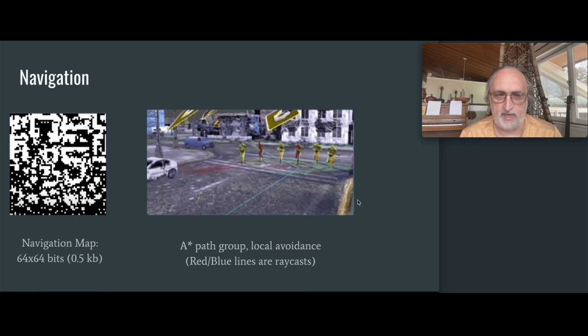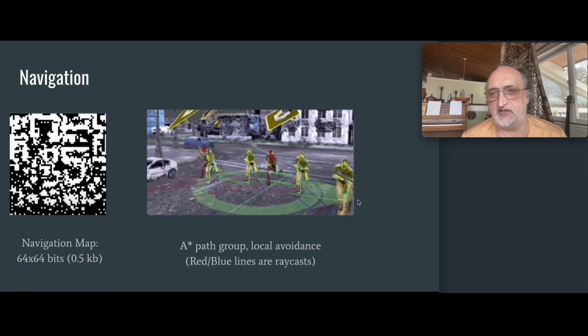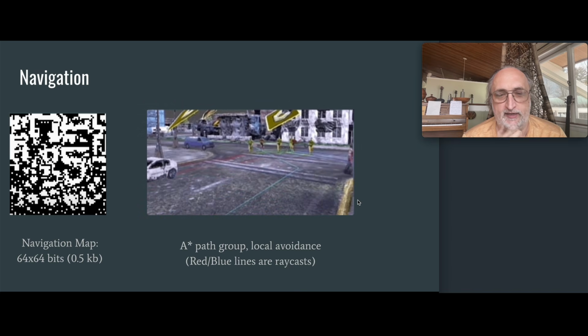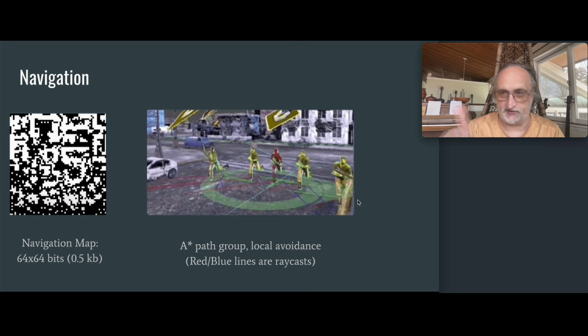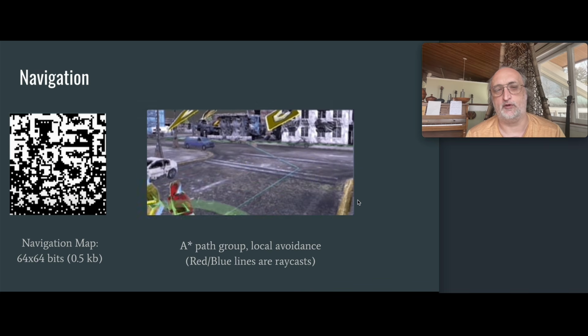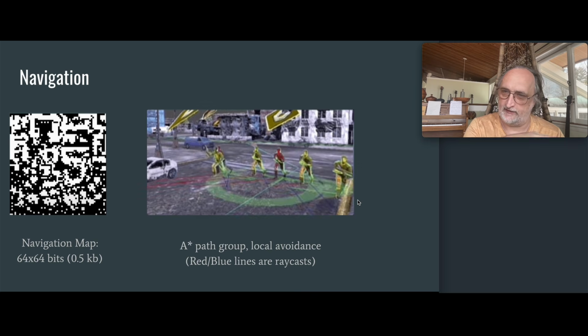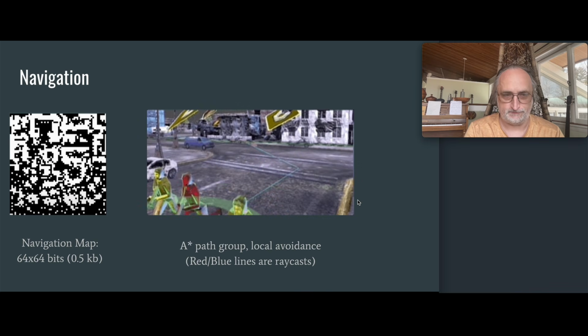But we did this kind of packing with everything. The navigation map for the AI. So we needed AI groups to basically not only A-star their way to places through these structures, but have local avoidance of both the objects that were in the level and also of each other.